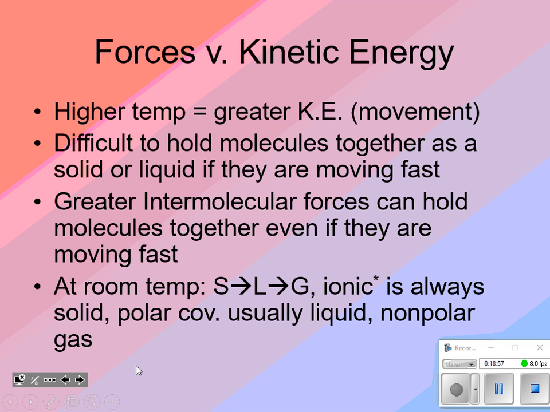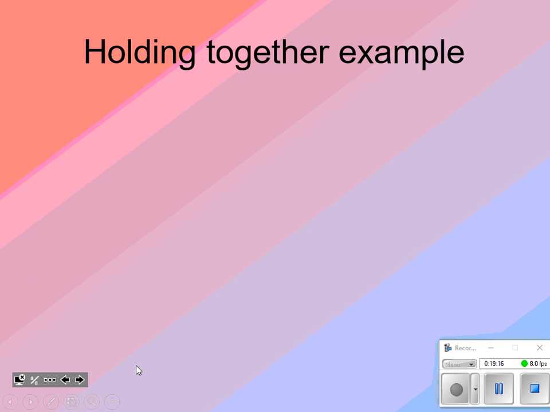Because ionic is held together by full charges, a lot of attraction. Polar covalent is held together by partial charges, some attraction. Nonpolar, really no attraction. Those temporary dipoles only last for a split second. So less attraction, doesn't take much energy to break it apart.